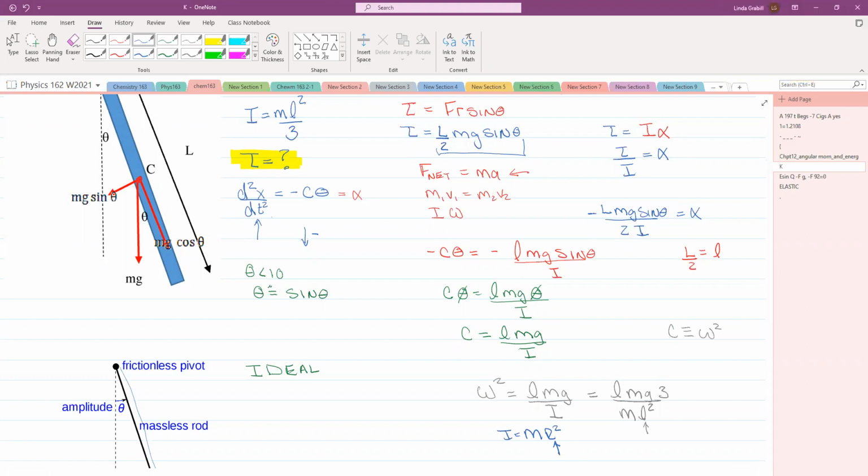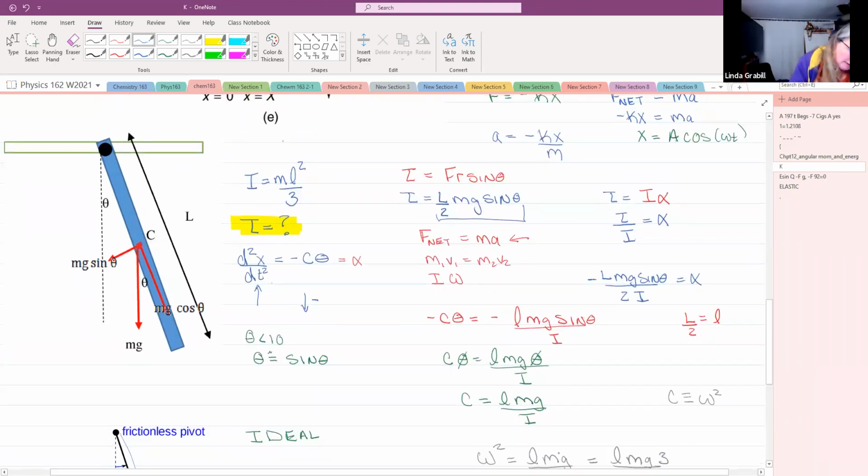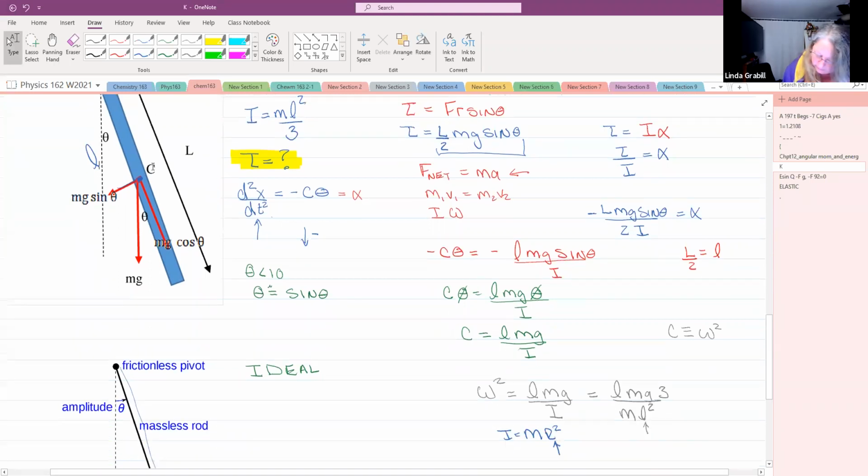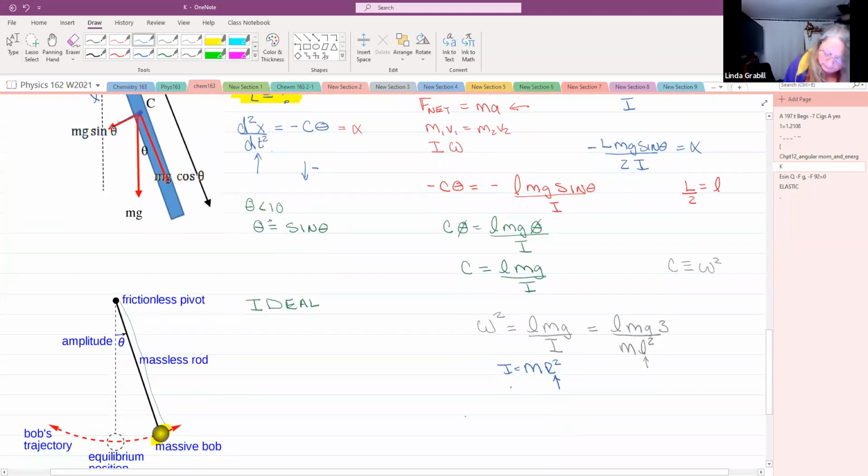So my distance from my pivot point on this thing is the center of mass to the pivot point. So here it's the exact same that we came up with for the center of mass acting on this force, this L over 2. So this distance here is script L. So my R, as I've done here, is script L. Is everybody good with that?